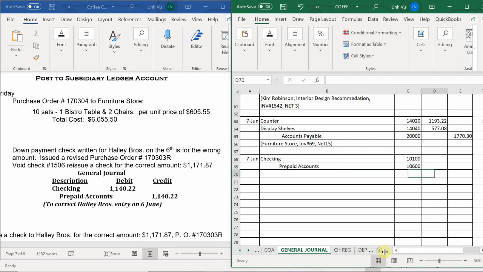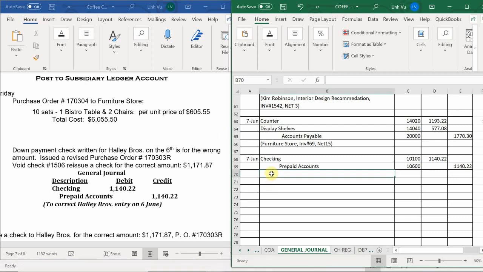Okay. Now, for how much was the original prepaid? 1,140.22, right?